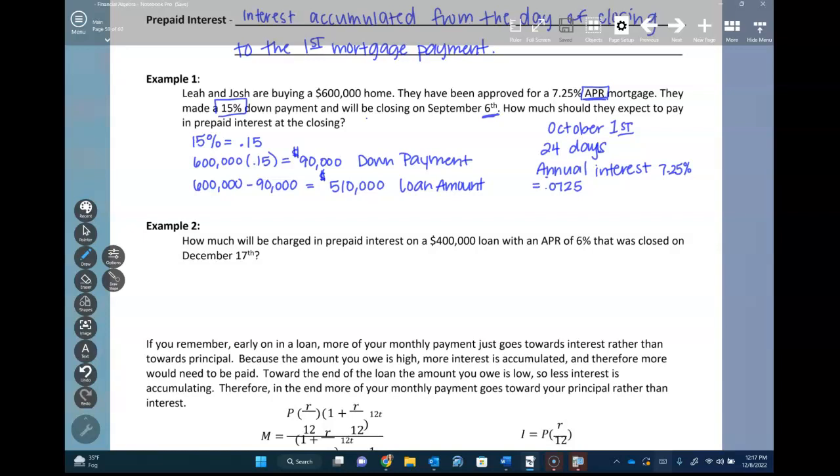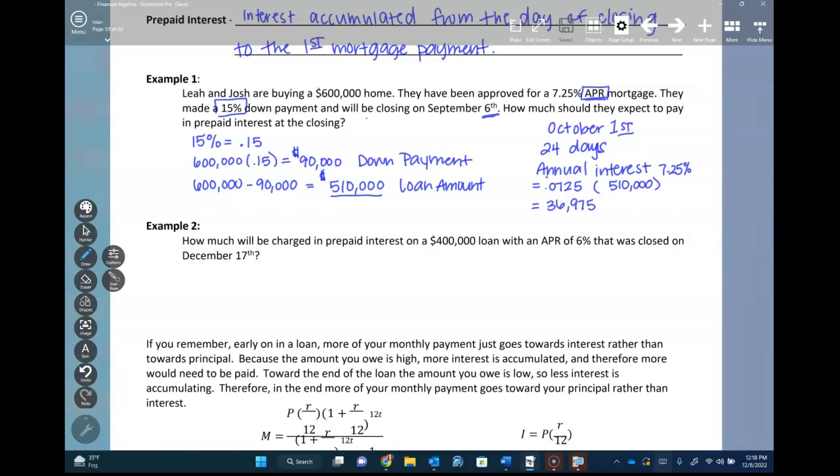Okay, and I know that my loan amount is $510,000, so I need to take $510,000 times 0.0725 to figure out my annual cost, which is $36,975.